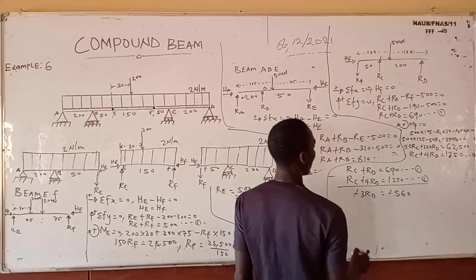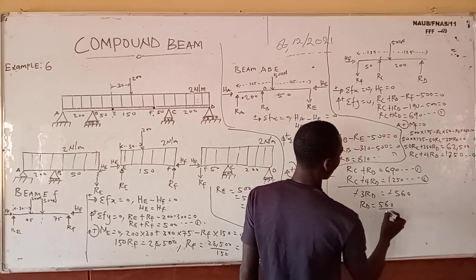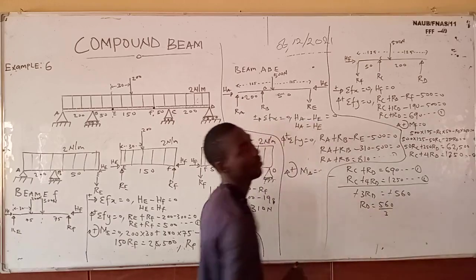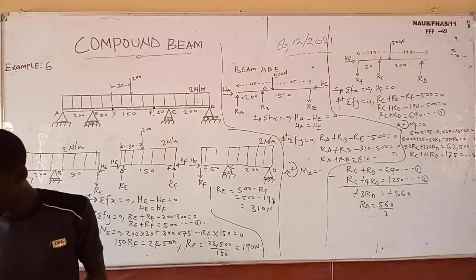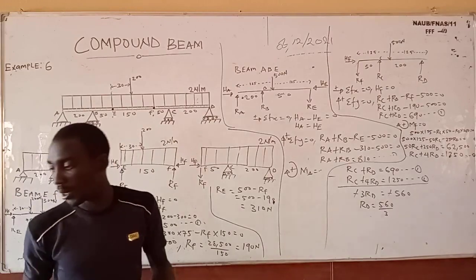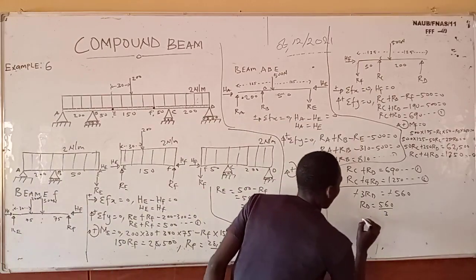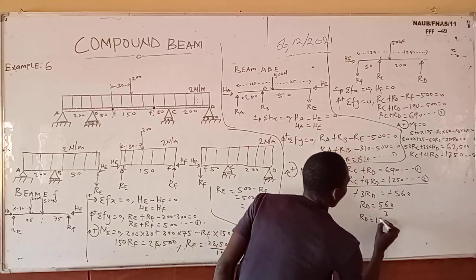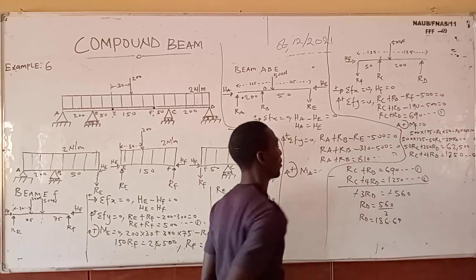So the negatives cancel out. Then ROD will be equal to 560 divided by 3, which is 186.666. You just approximate to 186.67.